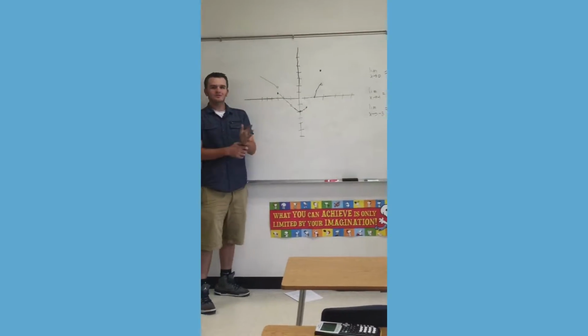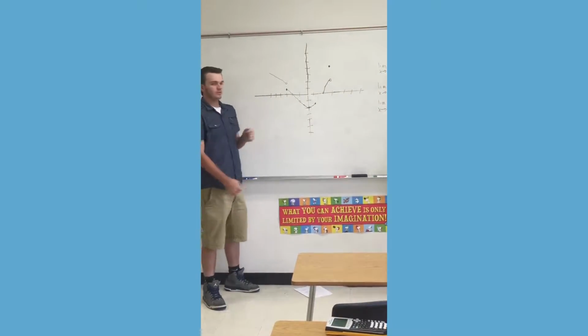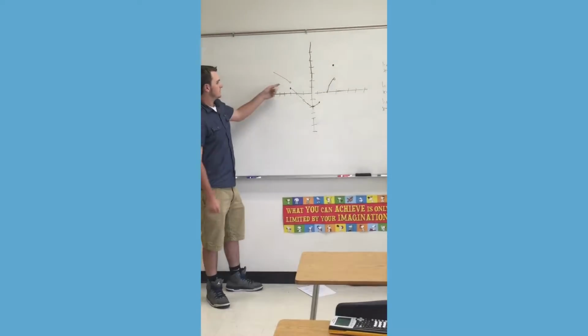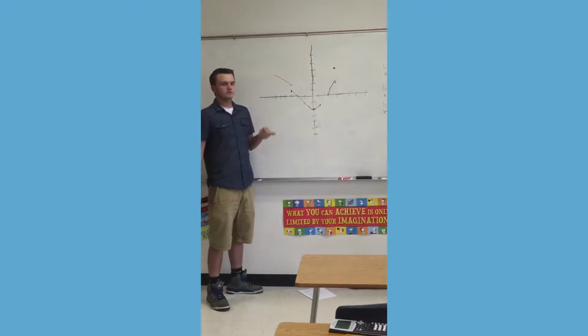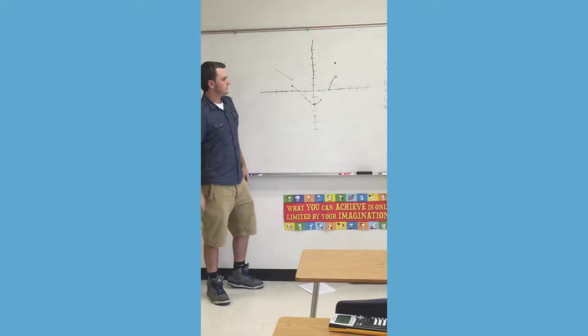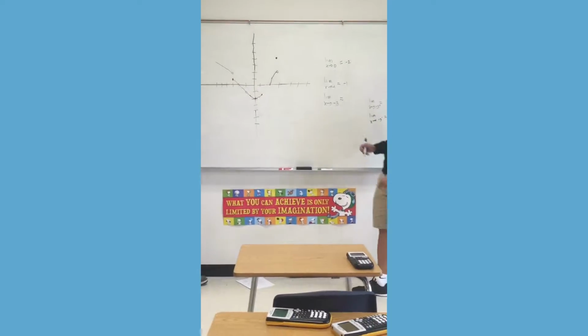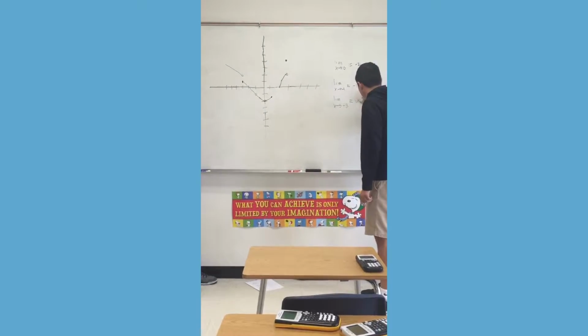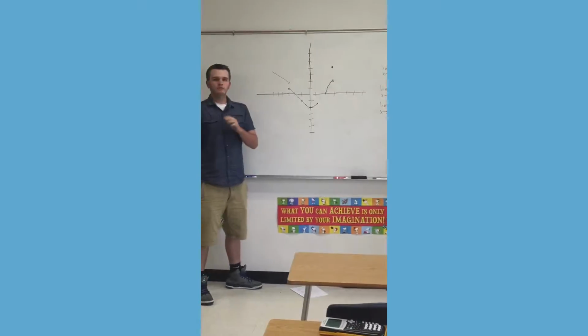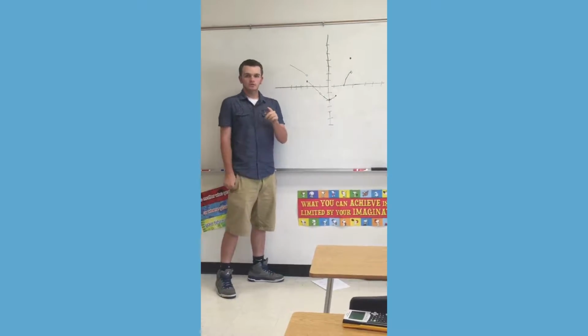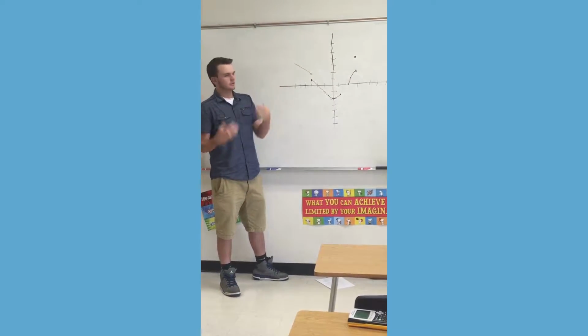Alright, now it gets tricky when you get to x equals -3, because it's not a limit. It would be considered undefined. But even though it's undefined, you can have limits coming from either side.